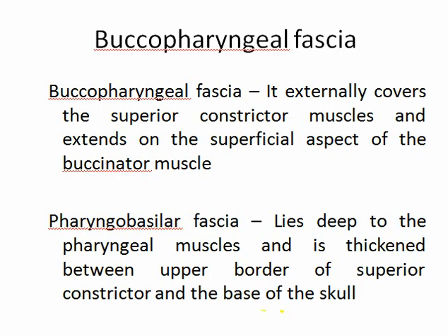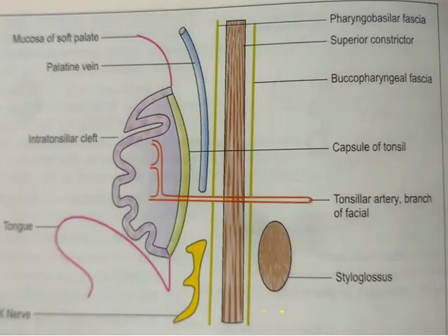If we see the figure, we can understand. This is the section through the oral cavity, but this is not the sagittal section. We can say that it is a parasagittal section. So this is the tonsil. This section is not passing through the median plane, it is passing a little bit on the right side. So that's why we can see the tonsil here in this section.